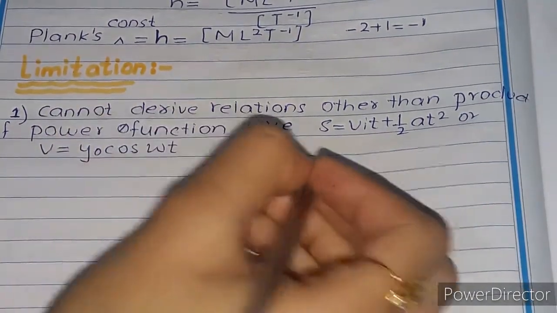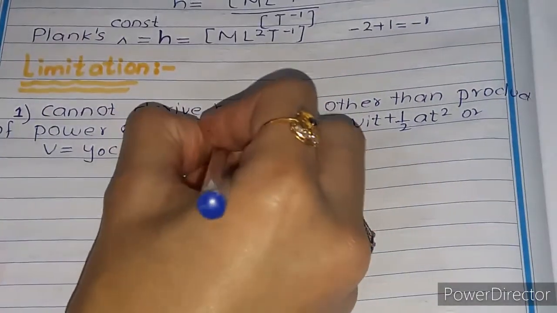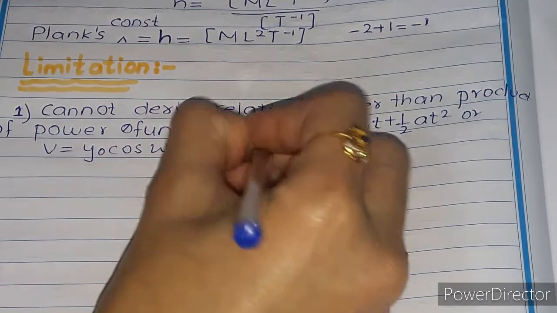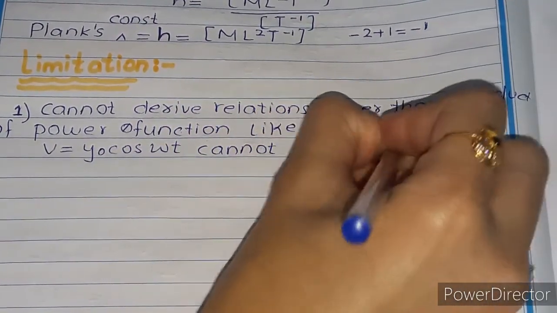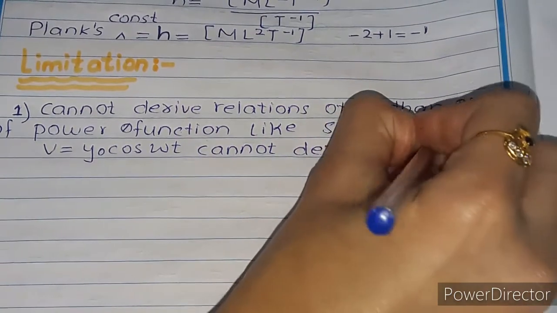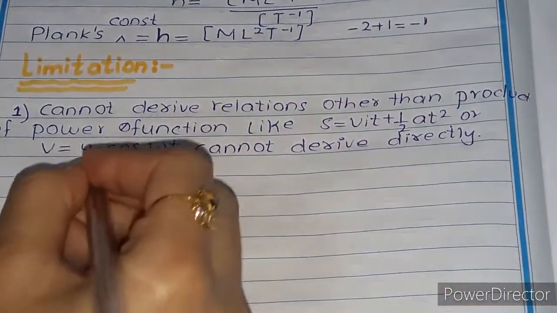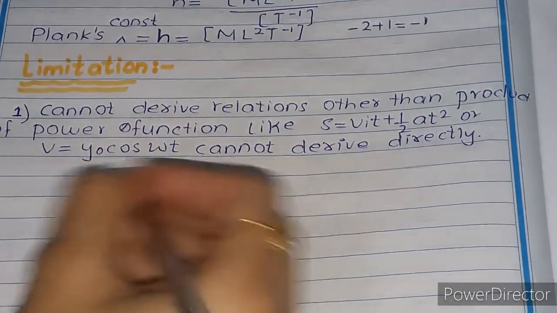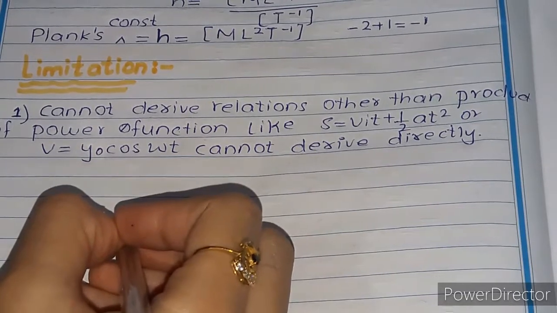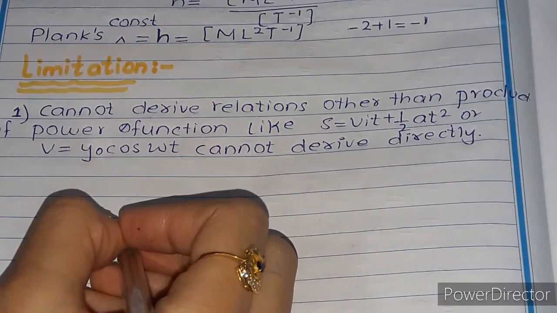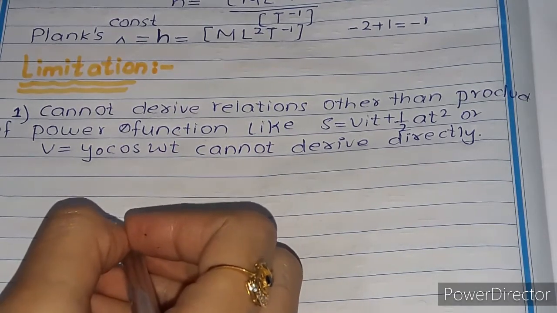We cannot derive it directly. We have to solve the left hand side first, then the right hand side. If they both are equal, then the equation is dimensionally correct. If not, they are not correct dimensionally.